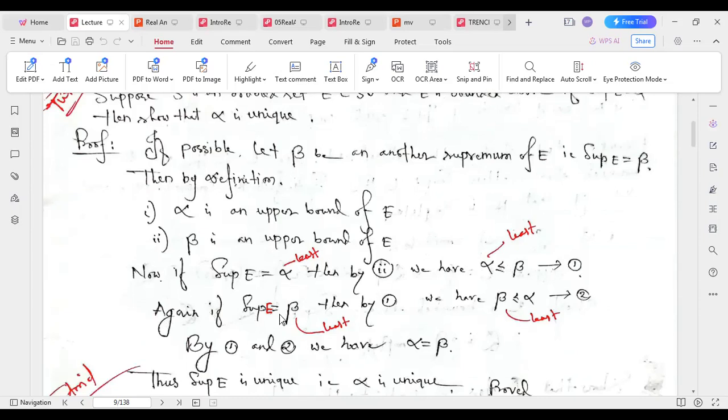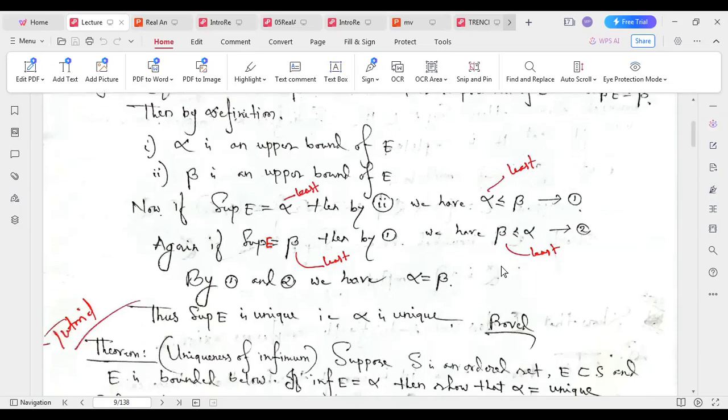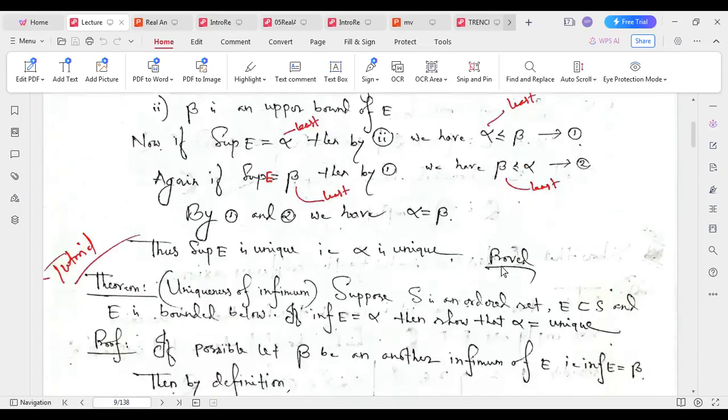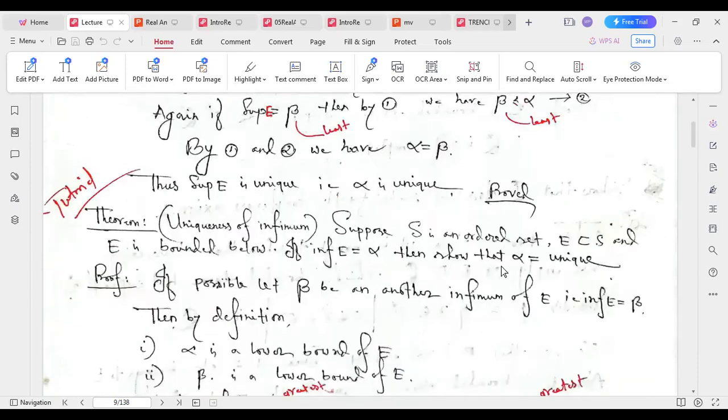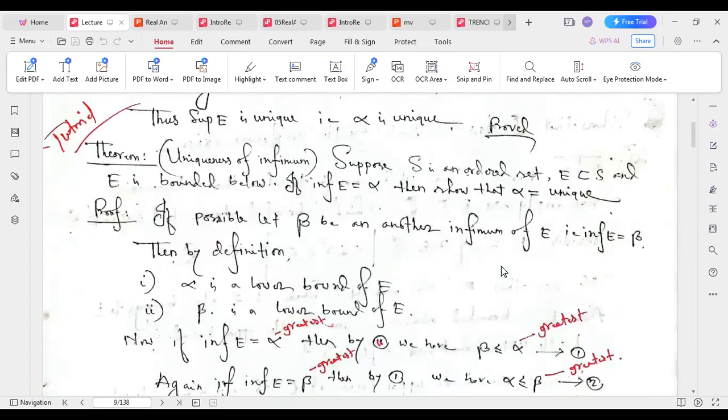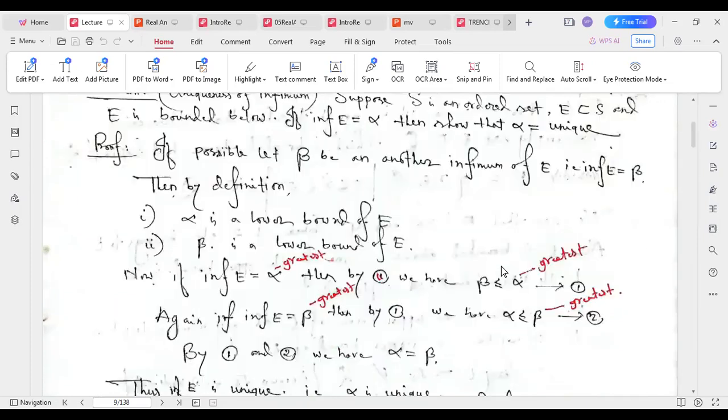And again, if the supremum of E equals beta, then in that case alpha is greater than or equal to beta. So from both inequalities, we observe that alpha equals beta. So the supremum of E has a unique element. Similarly, for the uniqueness of the infimum, we can easily derive the uniqueness theorem.